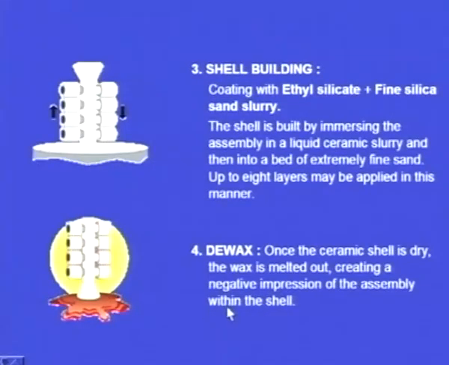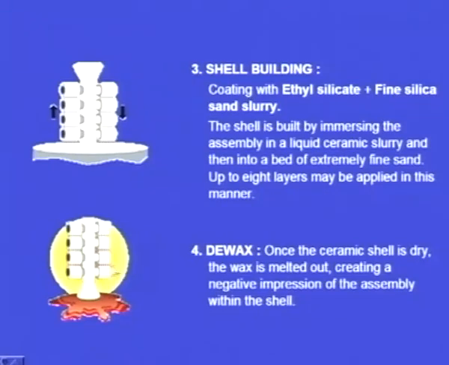Next one, shell building. We have to use one slurry. This slurry is made up of ethyl silicate plus fine silica sand, very fine silica sand. When we add this very fine silica sand to the ethyl silicate, it forms a fine slurry.